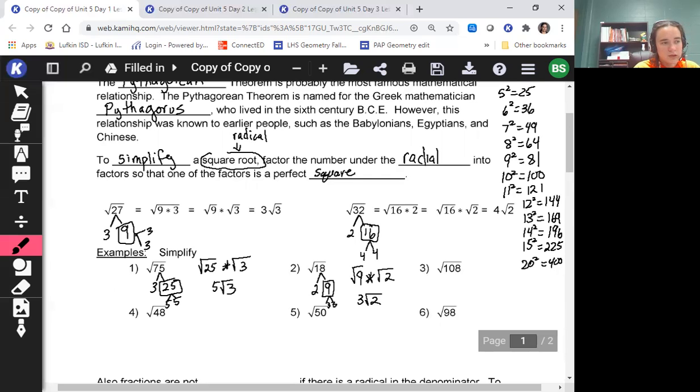Next up, we've got 108. 108 is divisible by 2, but that gets us 54. 54 is not one of our perfect squares. So then we need to check 3. And 108 divided by 3 is 36, I believe.